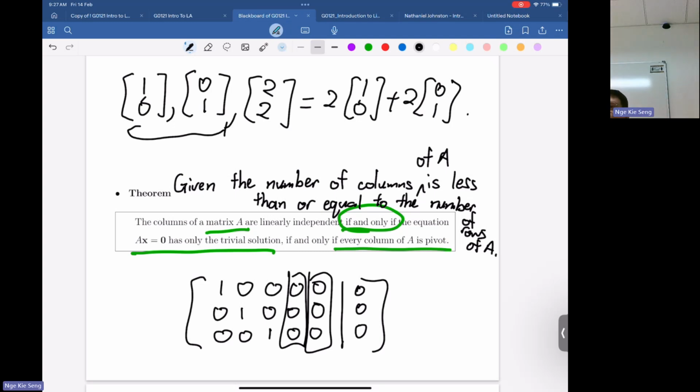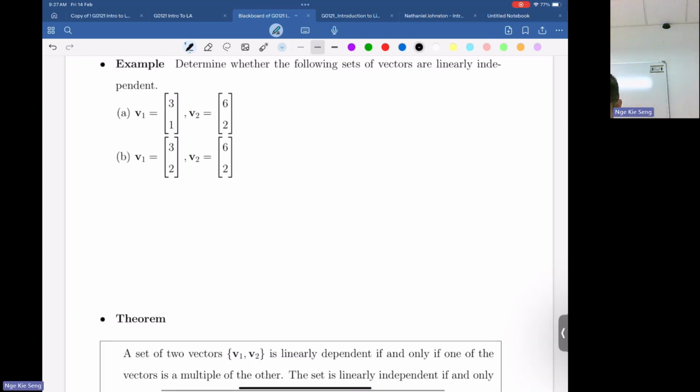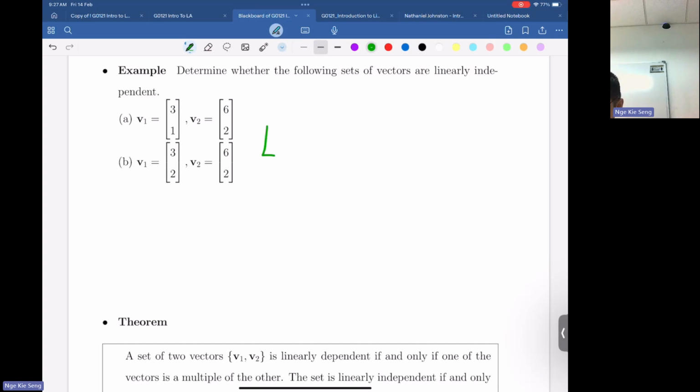Just appreciate this example first. I haven't made it precise. Later we will make this concept precise. Okay, good. Maybe this one I'll leave as an exercise because we have two similar examples.